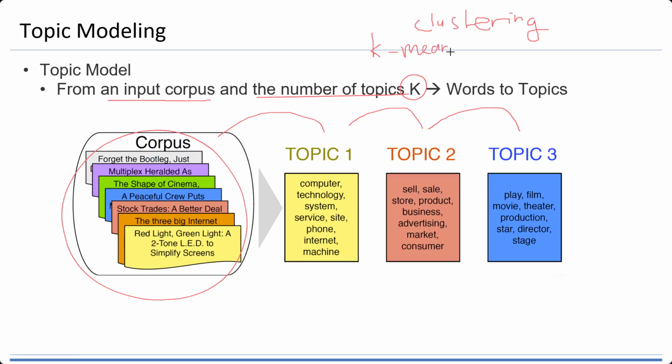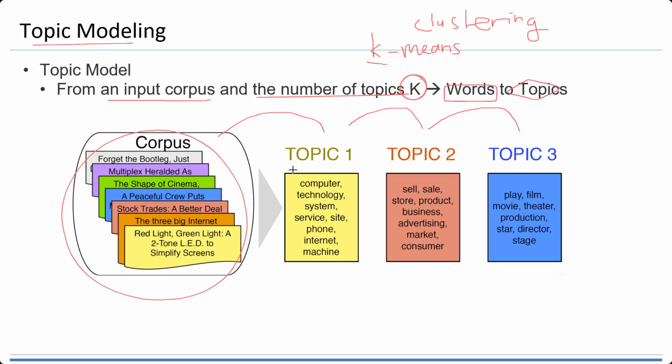In k-means, we need to determine the k. K means the number of groups, the number of clusters. Topic modeling is similar to clustering. So we need to know how many topics you want to create. It means when we have words, we want to create topics.